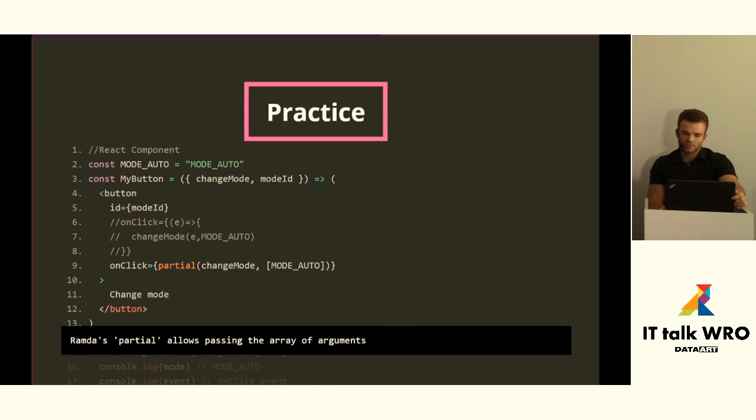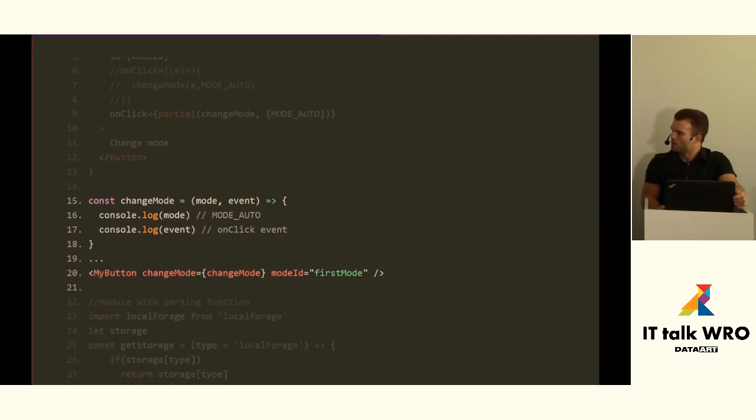With partial application, I am able to define onClick in such a way. That means that when you click that button, the changeMode function will be called with the predefined mode auto and the onClick event. That's how I render my button with changeMode and modeID.